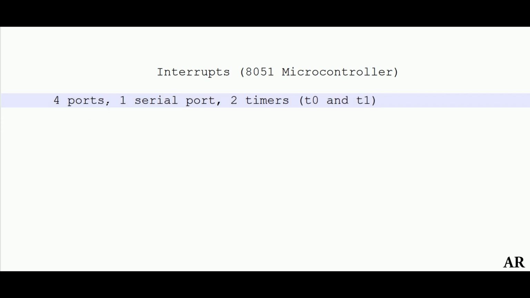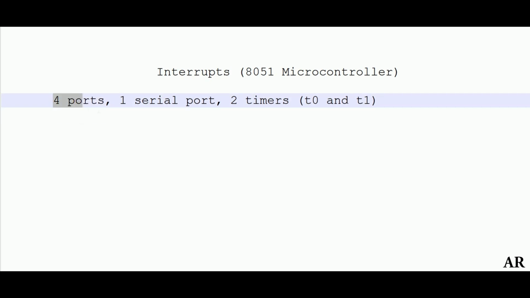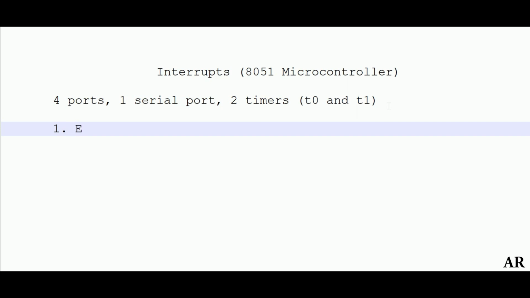Now if I am having 4 ports, in order to sequence them or get the required addresses from them, I'll be needing 2 signals. So therefore we need 2 for this. One serial port will have one dedicated interrupt and 2 timers will have their own dedicated interrupts. So accordingly we can list the interrupts. One is called external interrupt 0.